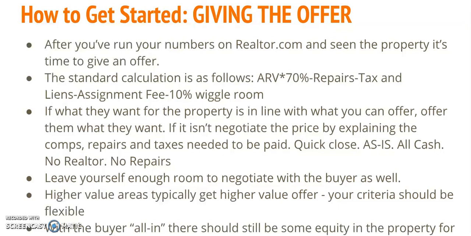So the standard calculation for what the offer that you want to be giving is the ARV times 70%. You get that number and you want to minus off the repair costs, any taxes, liens, and other encumbrances on the property. You want to minus off your assignment fee, and you also want to give yourself an additional 10% wiggle room. Now that's just a standard calculation.